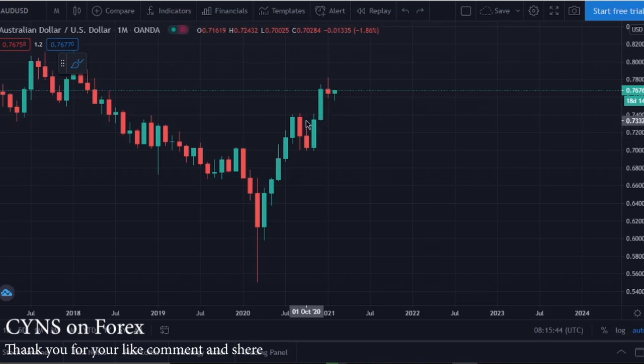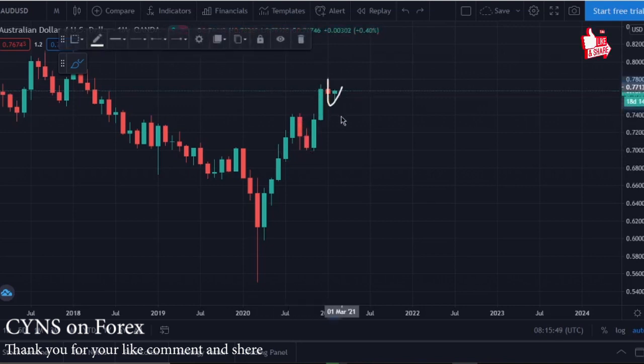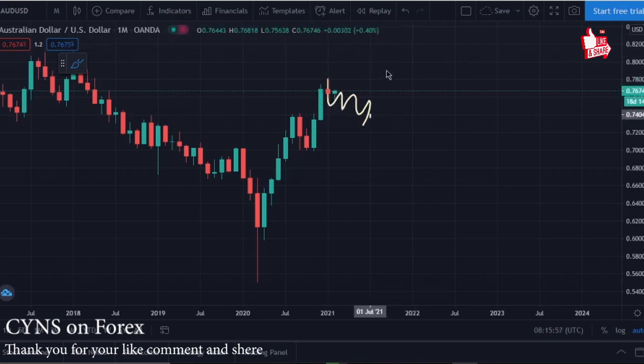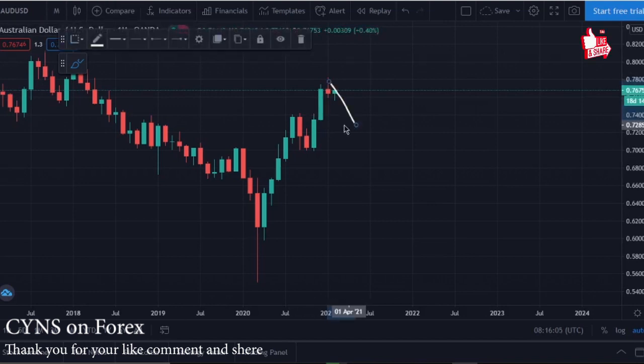Another important rule: after the creation of an impulse, correction and impulse pattern, the market should create another corrective pattern or another impulsive move. Currently the market is creating corrective patterns before the impulsive movement. So in the monthly time frame, everything is quite bearish. We can expect the market to move to the downside, retest this demand area, and then continue to the upside.